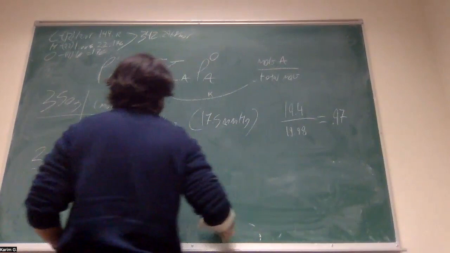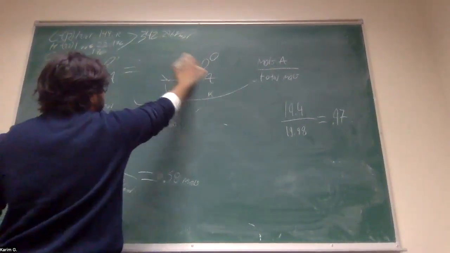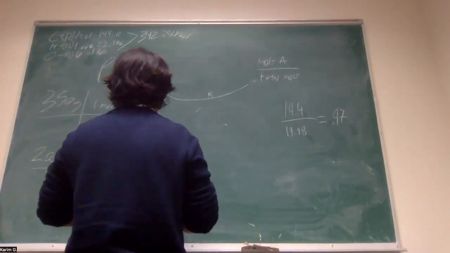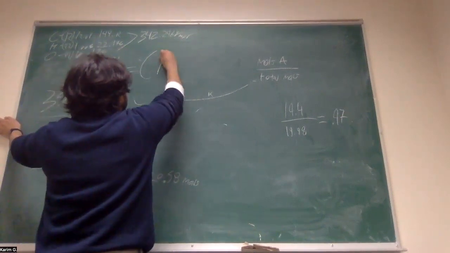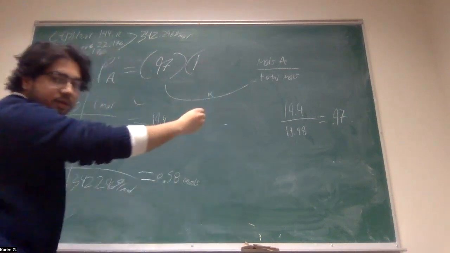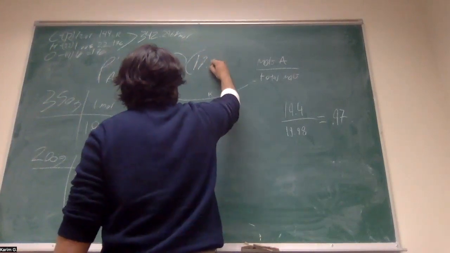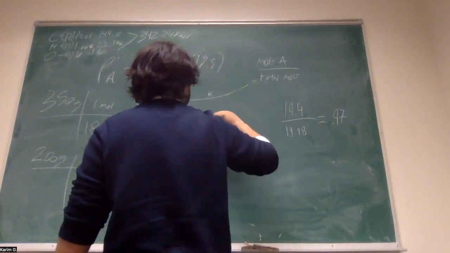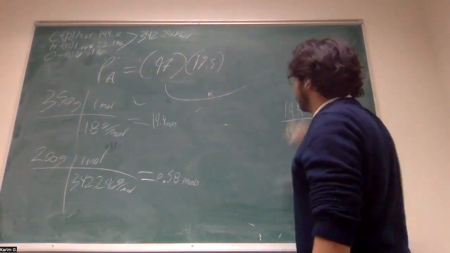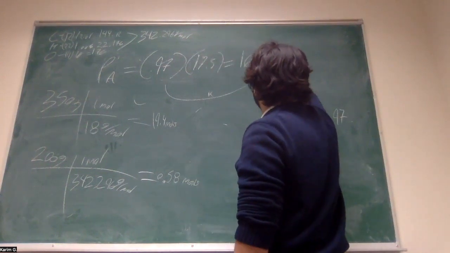Okay. So then I'm going to write it over here. 0.97 times our initial pressure, which is 17.5. Okay. So what do you guys get when you do that? 15.8? 0.98?